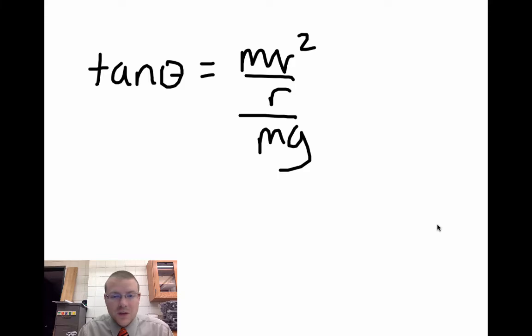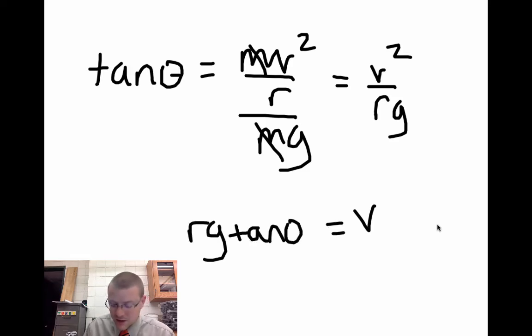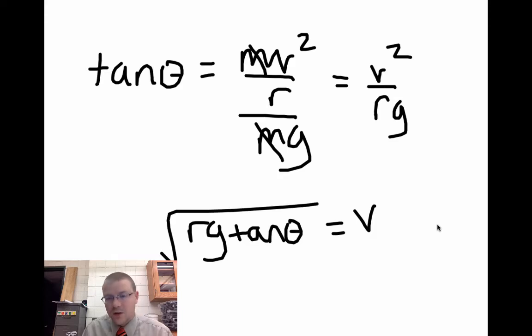Since we have a fraction upon a fraction, we can simplify by multiplying by the reciprocal, which gives you just v squared over rg. Solving for velocity, v is going to turn out to be the square root of rg tangent of theta.